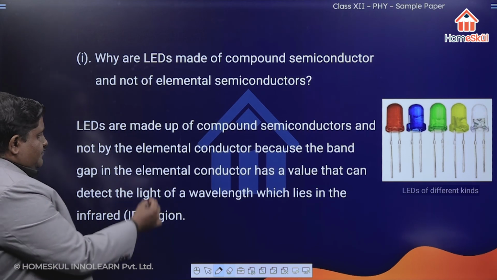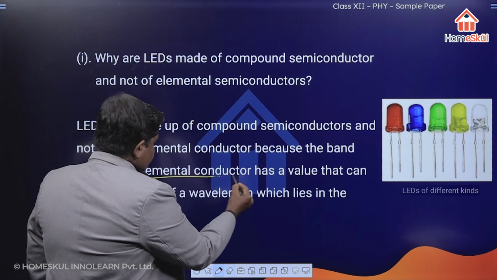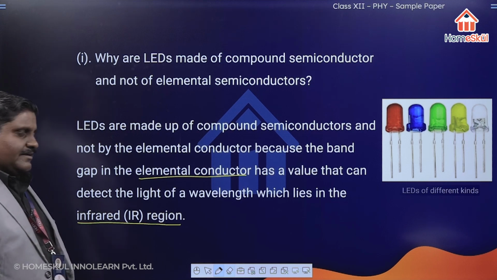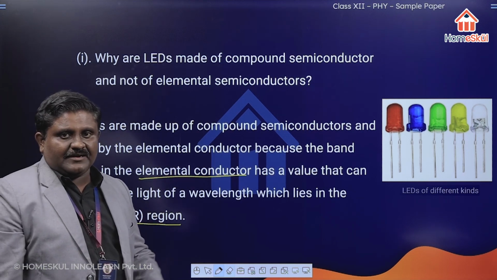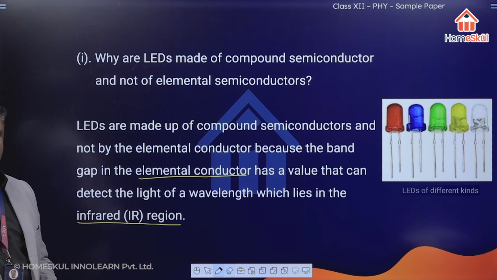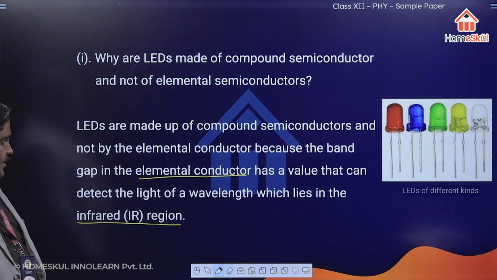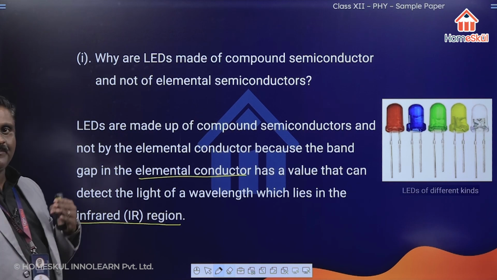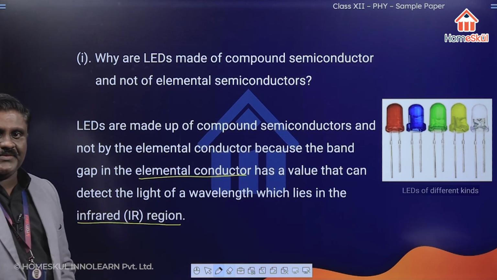That means the light of wavelength of the infrared region will be detected by the elemental semiconductors because they have the band gap in that range. Clear?